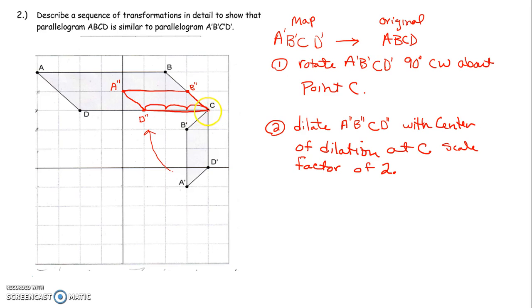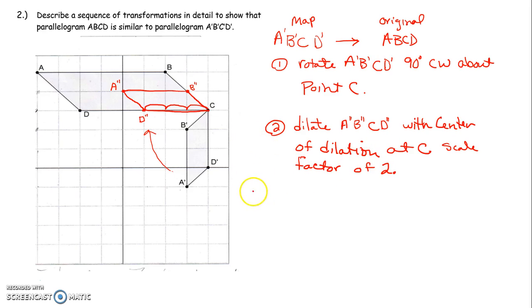Same with A. If you draw a ray from C through A double prime and continue that ray off, it's going to land right on the A. So hopefully you can see that this parallelogram right here, I'm just going to blow up by a scale factor of 2 to get the larger parallelogram. And so then this, I believe, would be fine for your describing in detail.